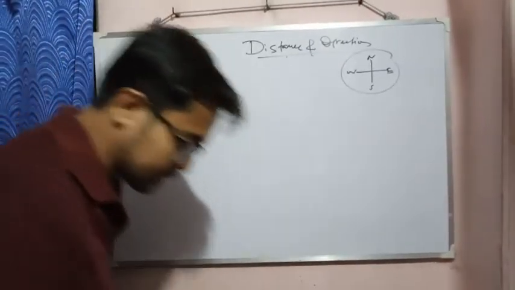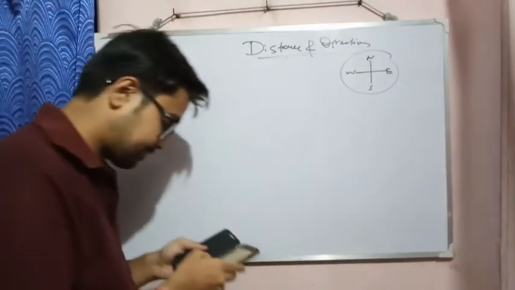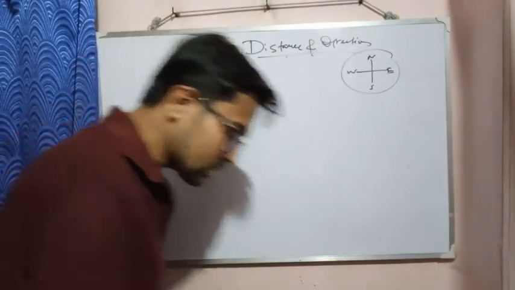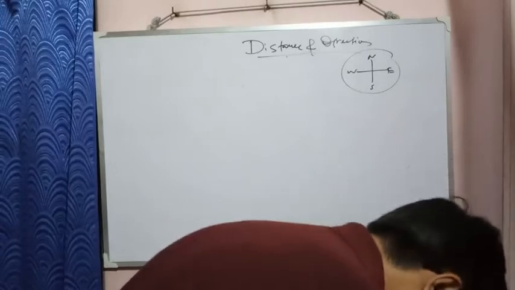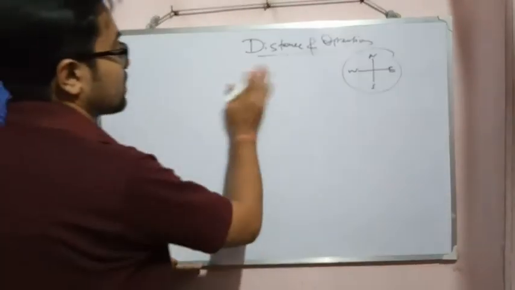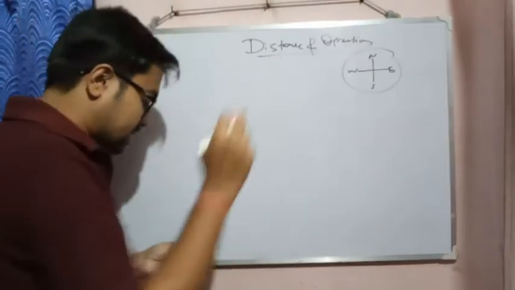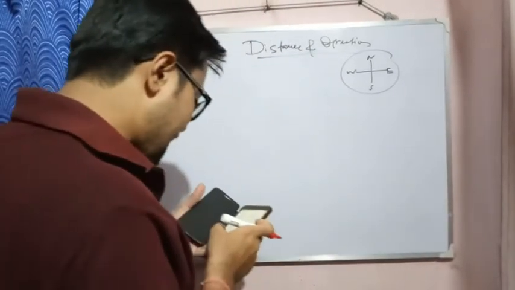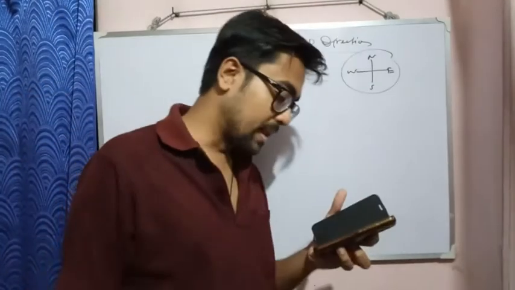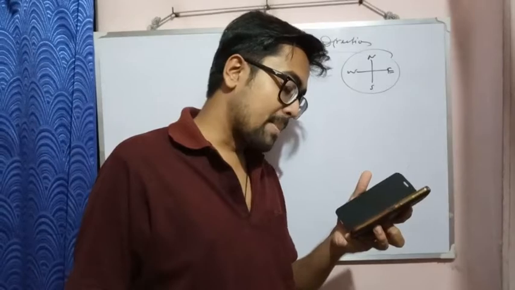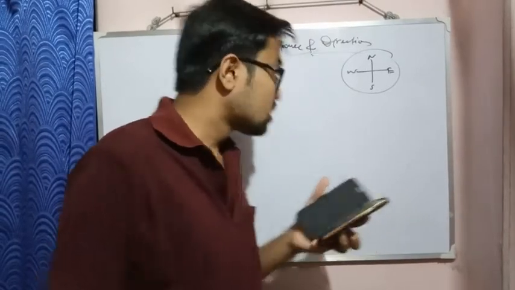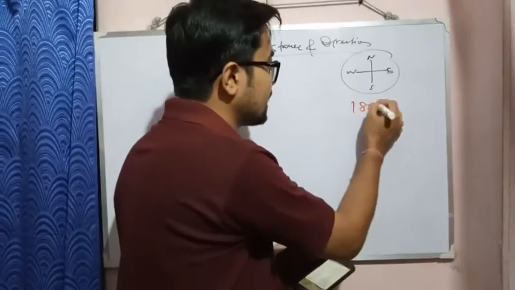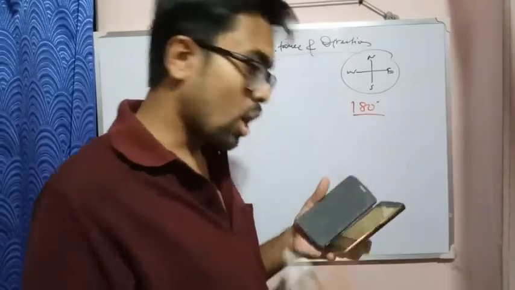Okay, question is, a man is facing north. Please write it down. A man is facing north. He turns 180 degree in clockwise.